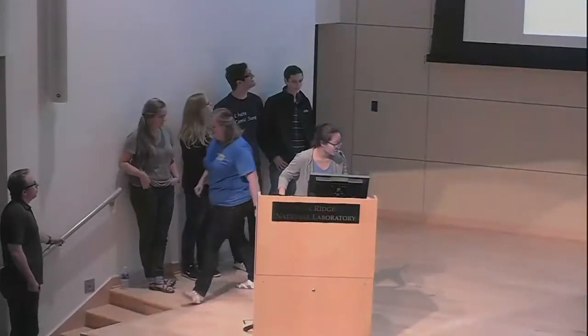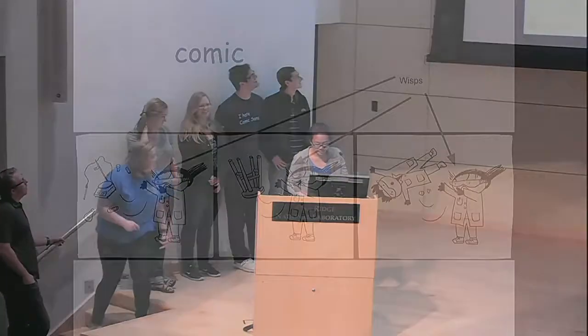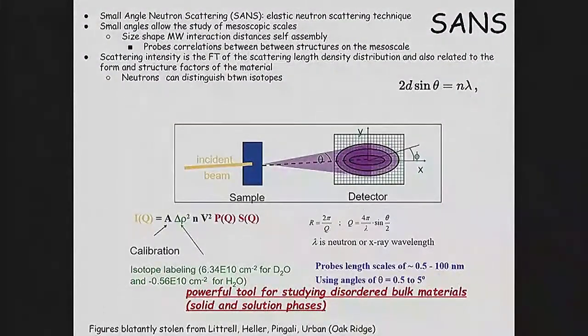Okay, this is a comic. This is SANS. SANS is small angle neutron scattering. It's an elastic neutron scattering technique where when we collect at small angles, we can study mesoscale structures, because larger structures scatter at smaller angles.